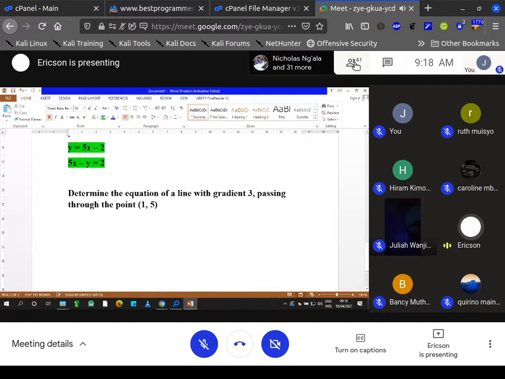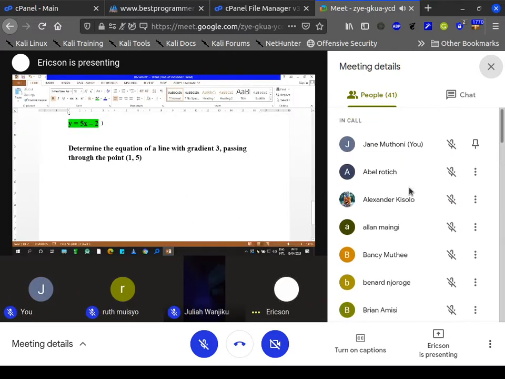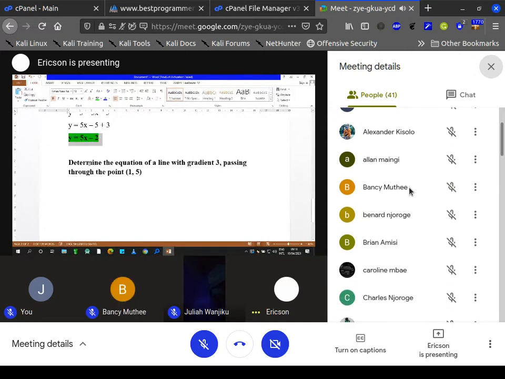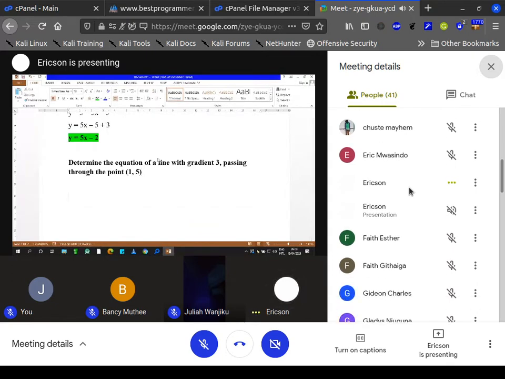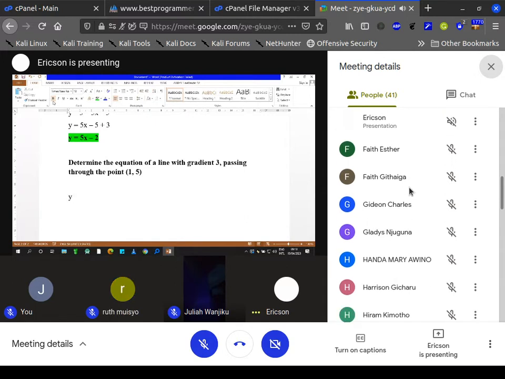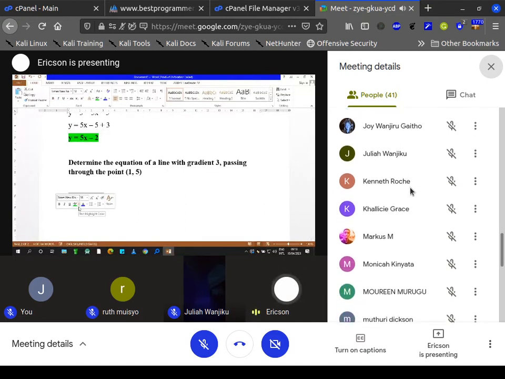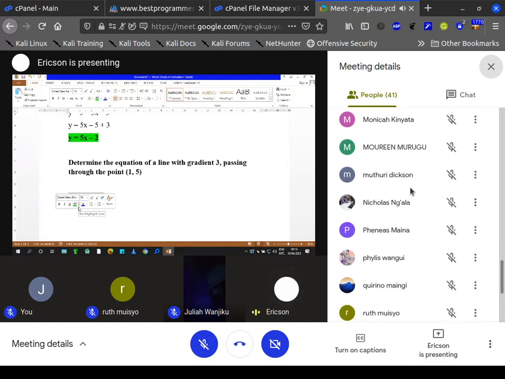Maybe the first answer we got is this one here, y equal to 5x minus 2. Such an equation has the form of y equal to mx plus c. That is what we're talking of.